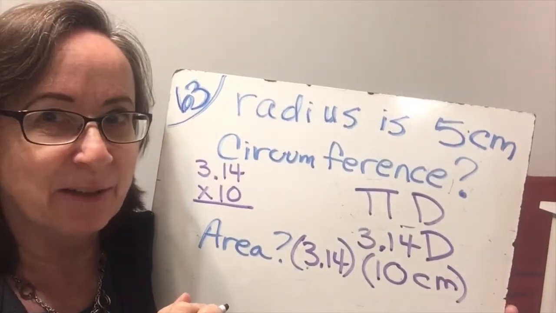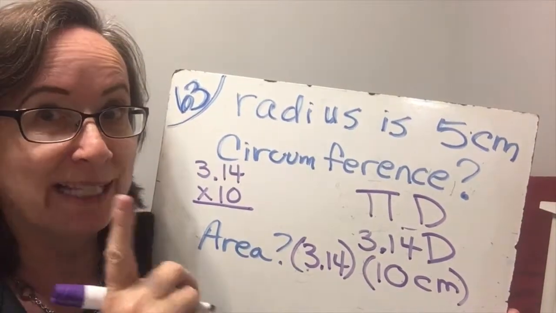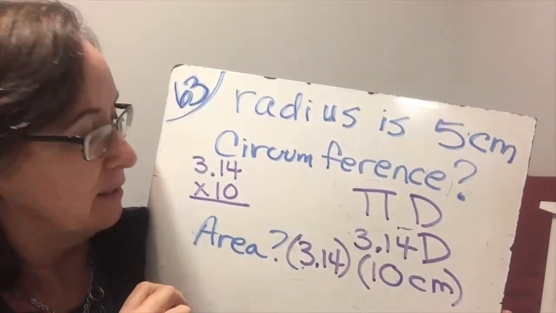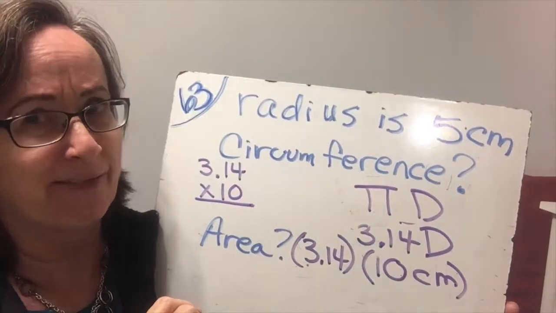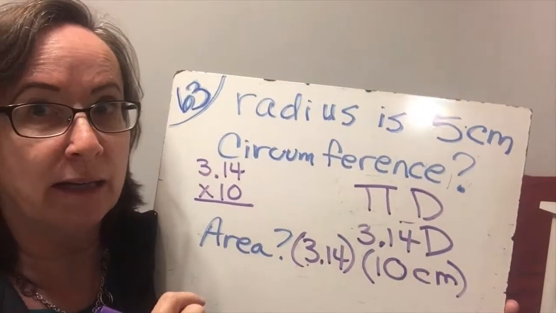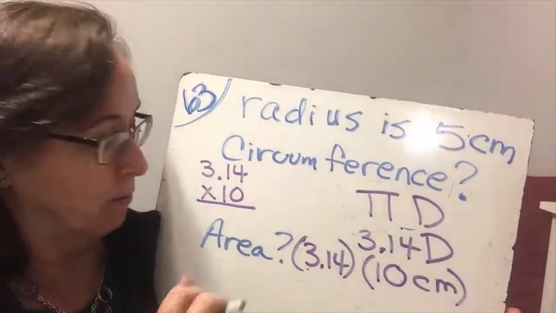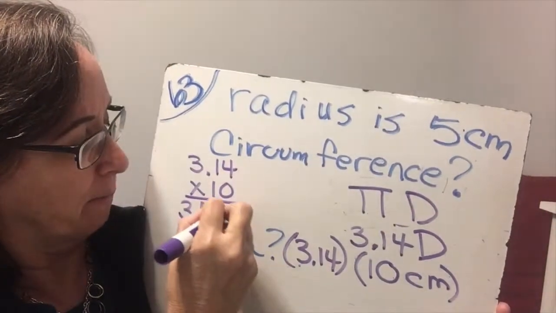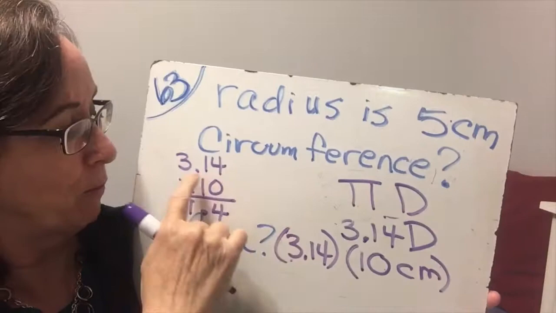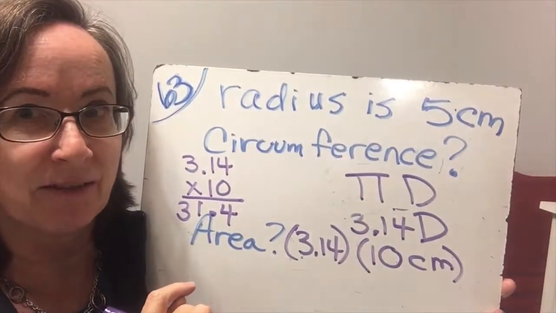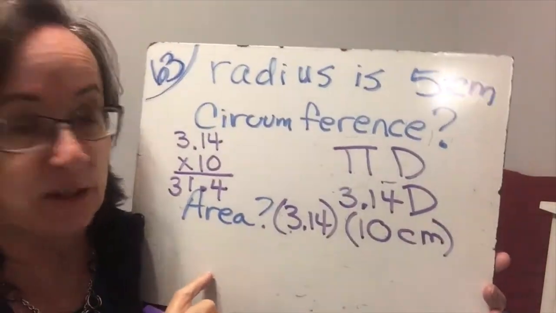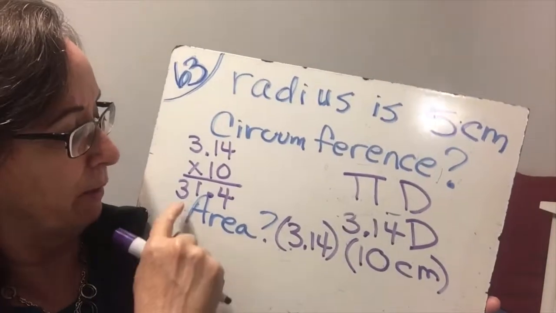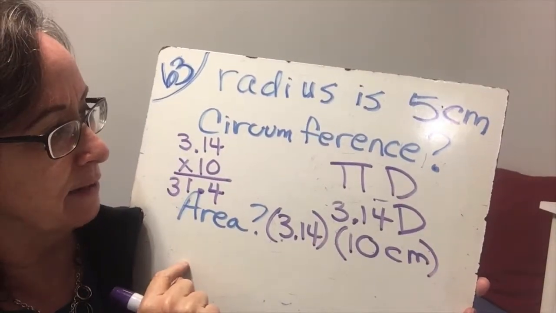Doesn't my decimal just move one spot to the right? So I can multiply it out, but the fast way is just to write 31.4, because I started with 3.14 and moved the decimal one place to the right. Isn't that a faster way to do it? So 31.4 is the circumference.